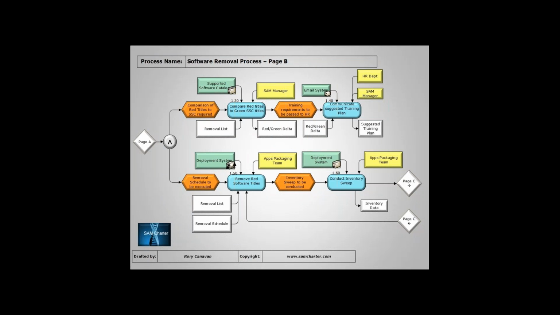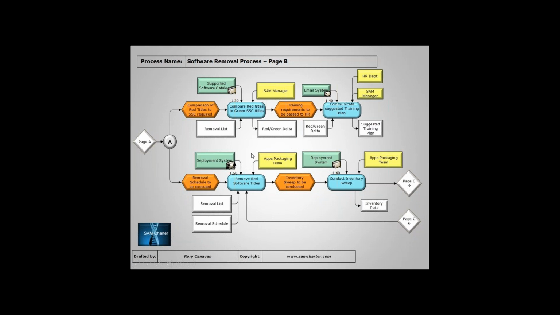Either it's existing software on the software estate, or it's potentially new titles that are coming in. But we need to make that comparison so we can give HR or the IT training department, whoever is addressing training within your company, an option to communicate a suggested training plan at that point. It could be minor, it could be significant. It depends on the change in the software.